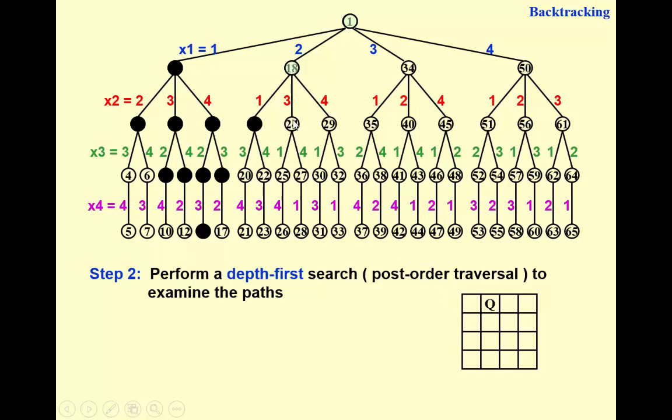Try the next one. So place the second one in the third column. It doesn't work. Cut and undo. Now we have one last option to go. So place it in the fourth column.